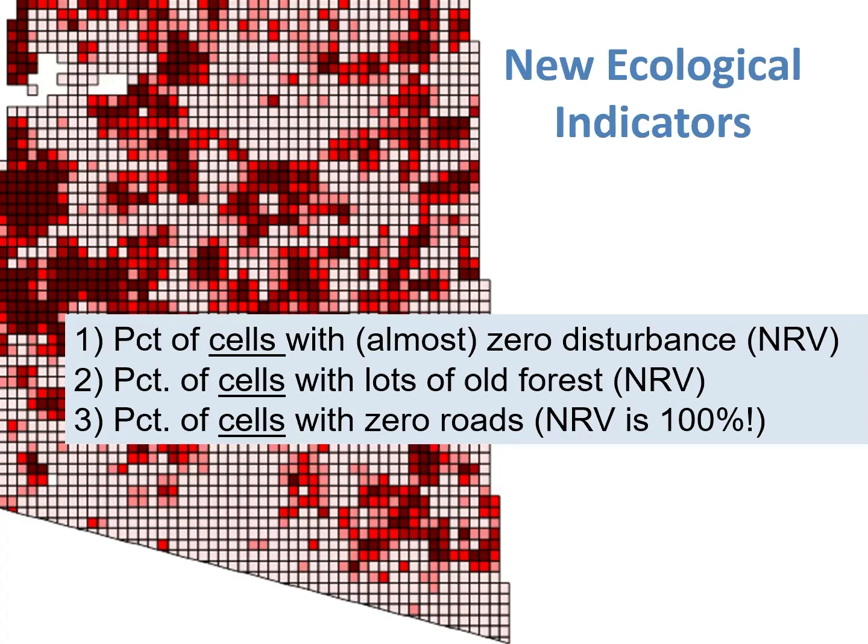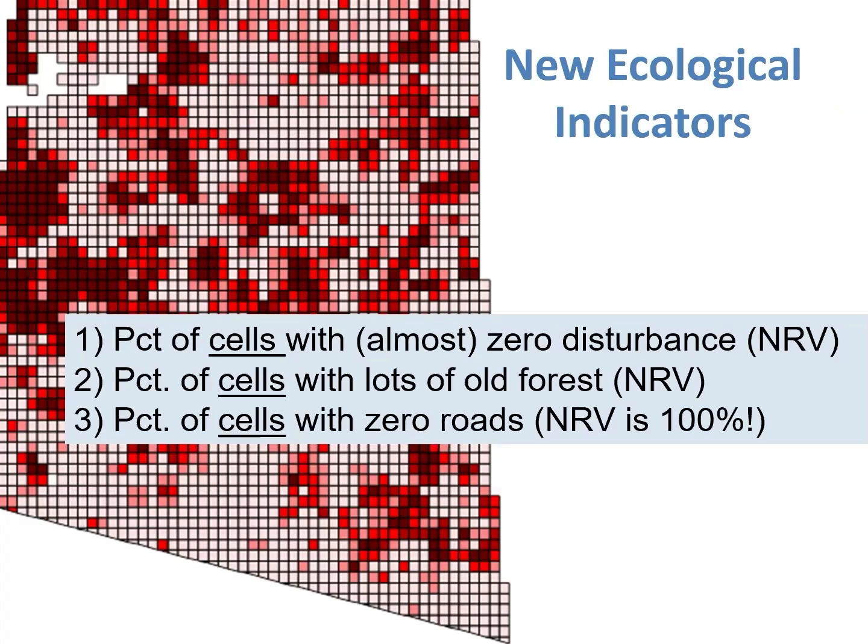And then the second one will be the cells with lots of old forest. This is ultimately where we want to go. And if we cluster disturbance activities, the other end of it means we're going to get clusters of large patches of older forest. And we've got NRV for both of those, for 1 and for 2, we've got a natural range of variation.